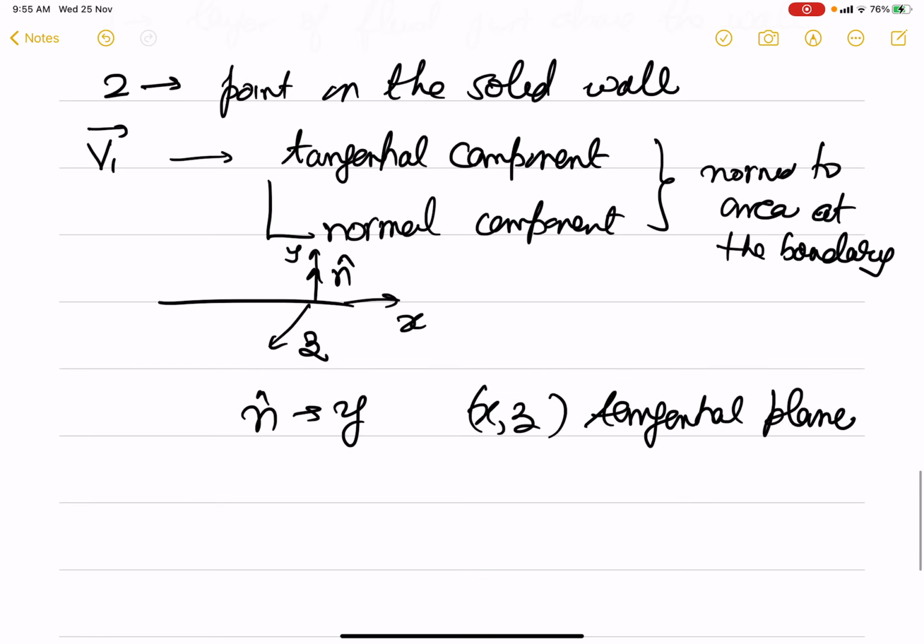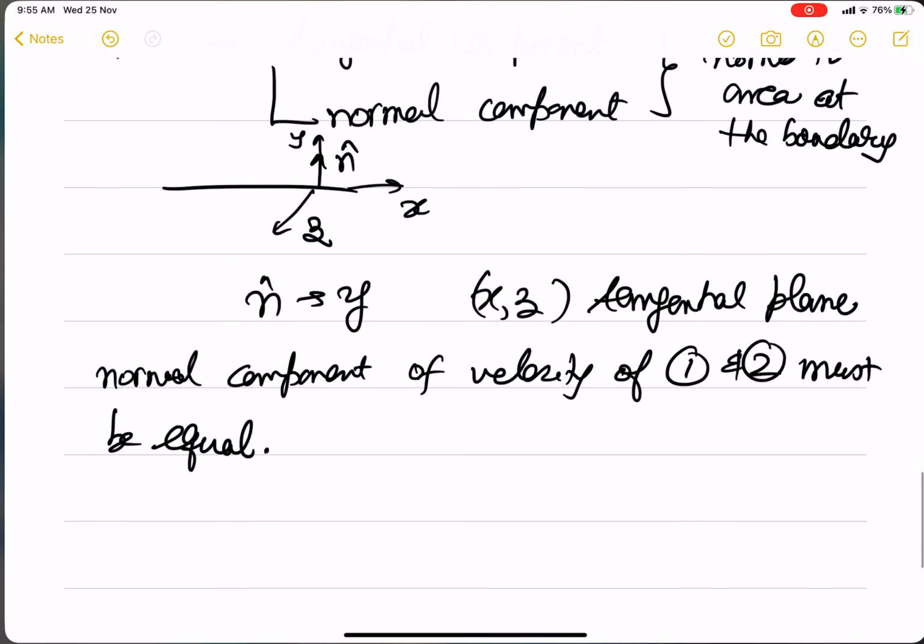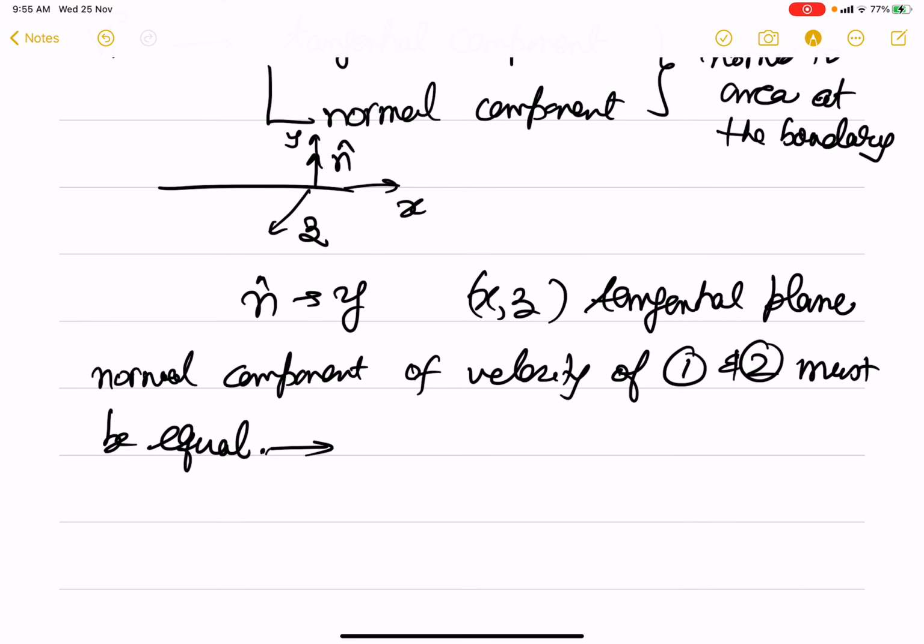So one thing which seems very obvious is that the normal component of the velocity of 1 and 2 must be equal. And this, in some sense, is coming from mass balance.